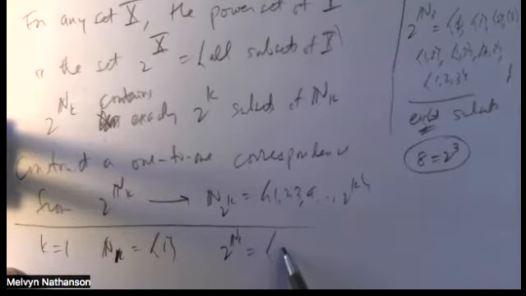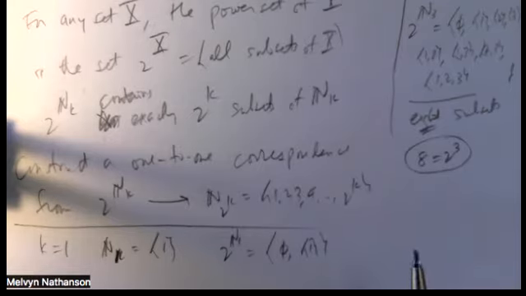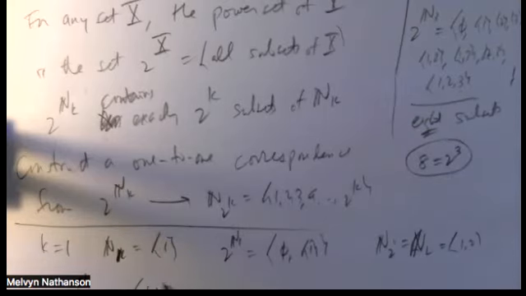There are 2 of them: the empty set and the set just consisting of 1. And here we're being asked just to set up a 1-to-1 correspondence from 2 to the n1 into n sub 2 to the 1, that's n2. This is just the set of numbers 1 and 2.